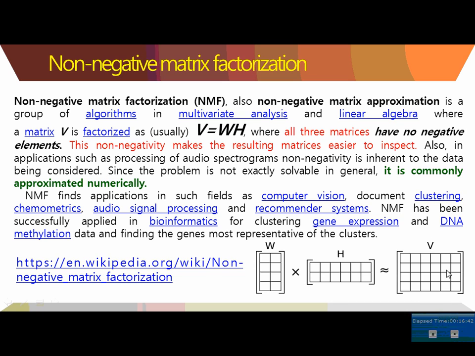So this is what it says. If we have a non-negative matrix V, then we can have an approximate decomposition with the non-negative matrices W and H like this.